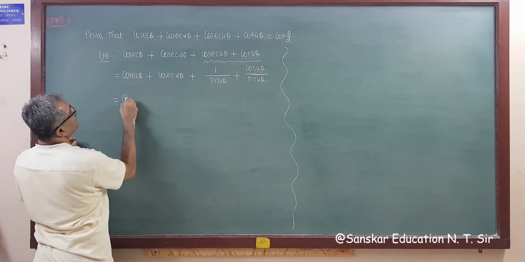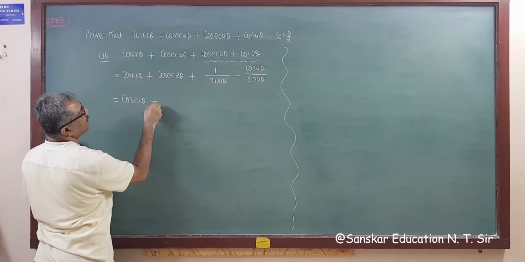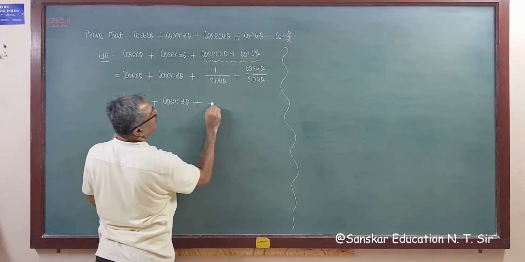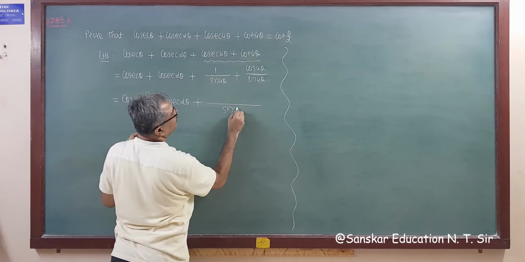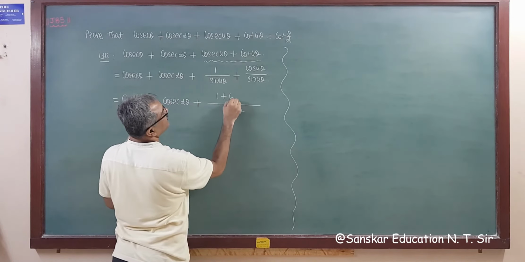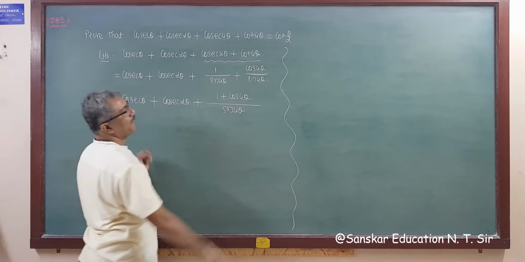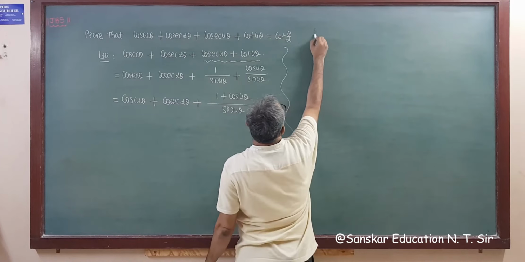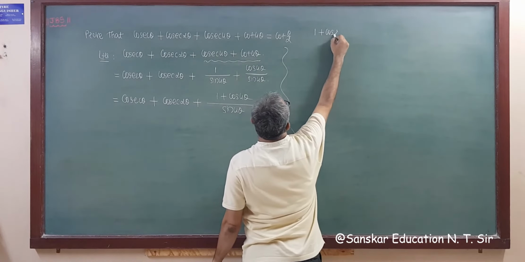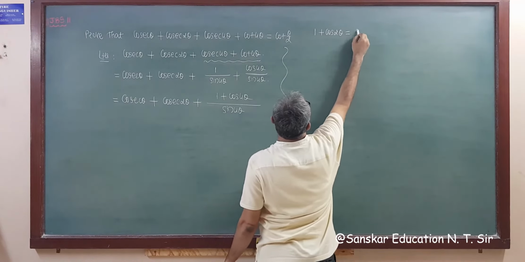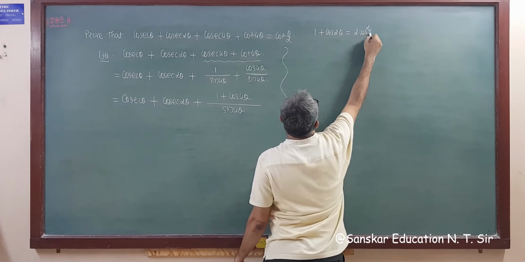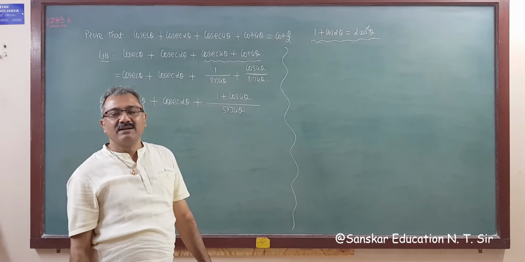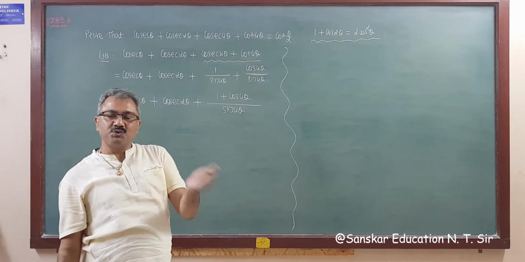So cosec theta as it is plus cosec 2 theta as it is, plus (1 plus cos 4 theta) whole upon sine 4 theta. Now your formula: 1 plus cos 2 theta is 2 cos square theta. This is the formula we apply here.